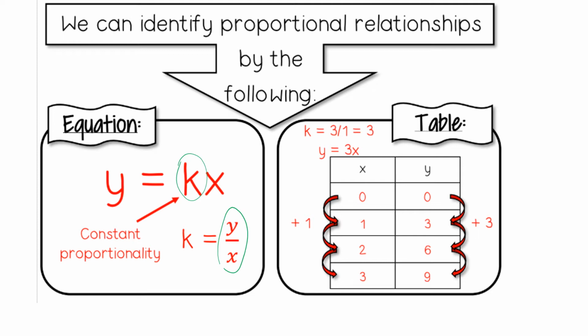If we take 3 divided by 1, the y value of 3 divided by the x value of 1, and I have that up top here, so 3 divided by 1 is 3. So when we write our equation, it's y equals kx. K is 3, so our equation is y equals 3x for this relationship.